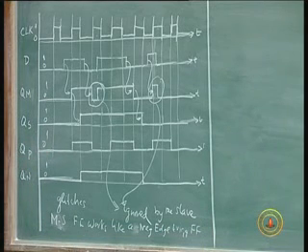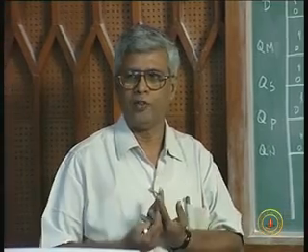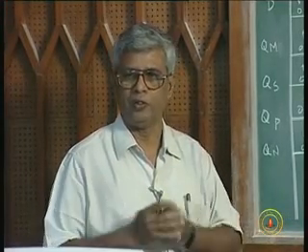So I have a choice now. I can have a master slave flip flop, I can have a positive edge triggered flip flop, or I can have a negative edge triggered flip-flop.